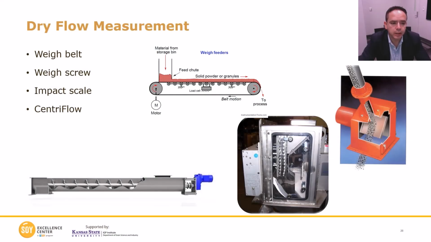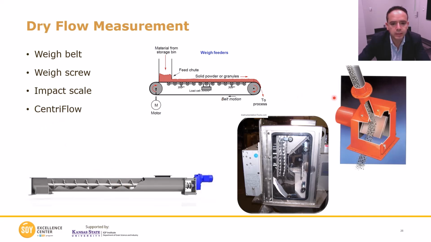So with the dry flow measurement, you can have different alternatives. You can have a weigh belt, as you can see here. All the pellets are moving in this direction, and you can see that there is a load cell here, and this load cell is weighing how much is going through it. Also, you have the weigh screw, and basically it's similar to this one, but this screw is going to be on a scale, and the system is going to be weighing how much is going through the screw.